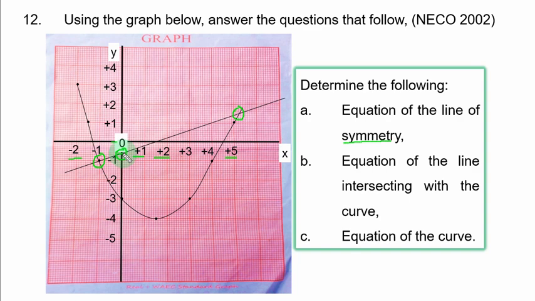C is the intercept of the curve at the y-axis, that is -3 here. The roots of the equation, this and this, help us to get the other point, and you get the equation of the curve. Let us see all of that in the solution.